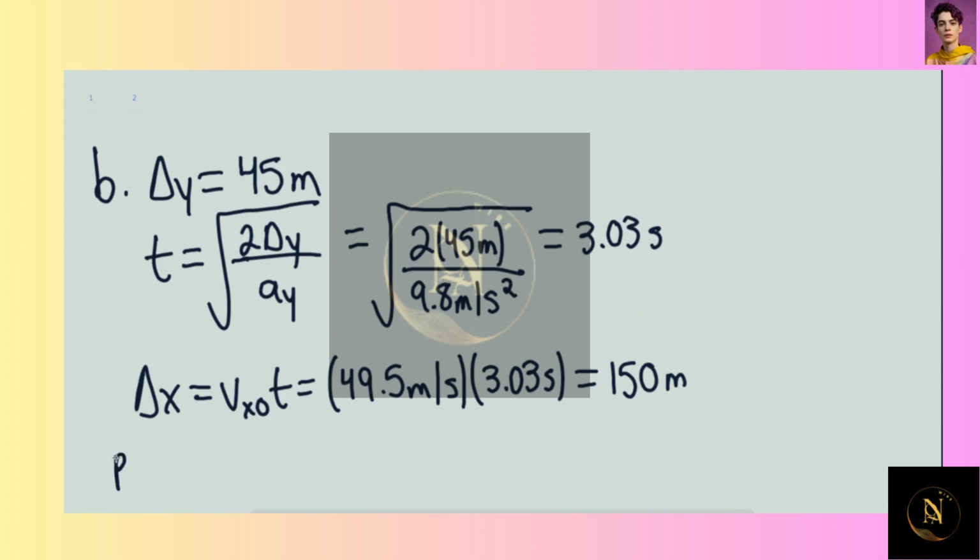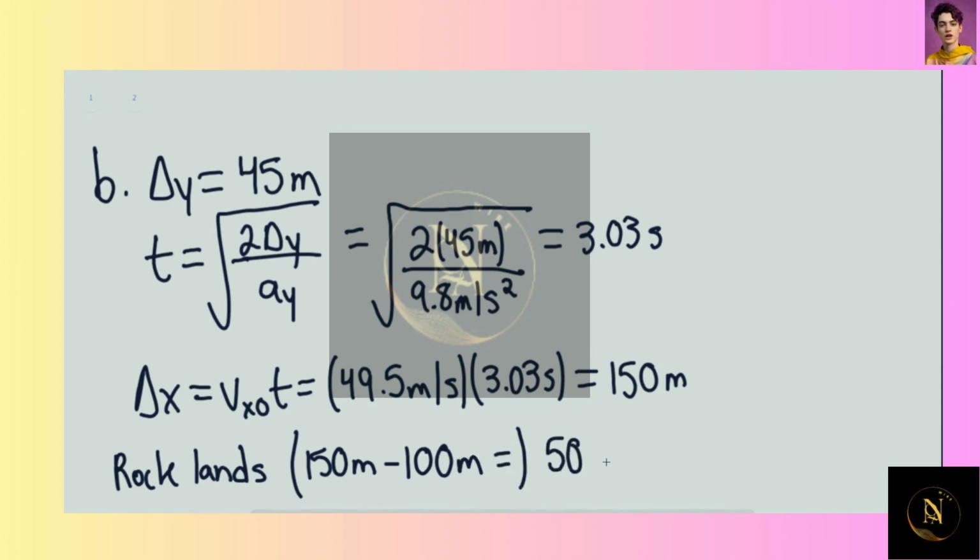So the rock lands 150 meters minus 100 meters. This equals 50 meters beyond the foot of the dam. This would be our final answer to part B.